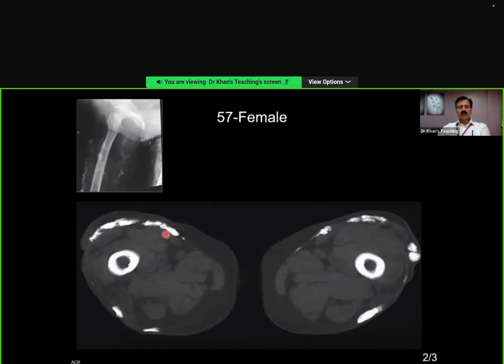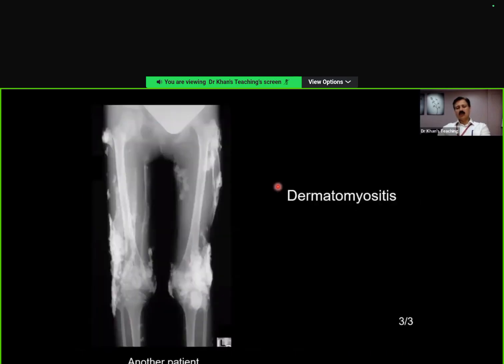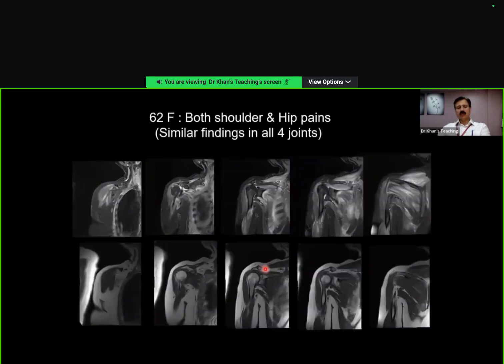If you see a CT, nobody is going to show you a CT, by the way, for this. But having said that, just to develop your concept, it is quite superficial, isn't it? So this is the differential diagnosis of dermatomyositis, sheets of calcification, another film. Just to show you an example.